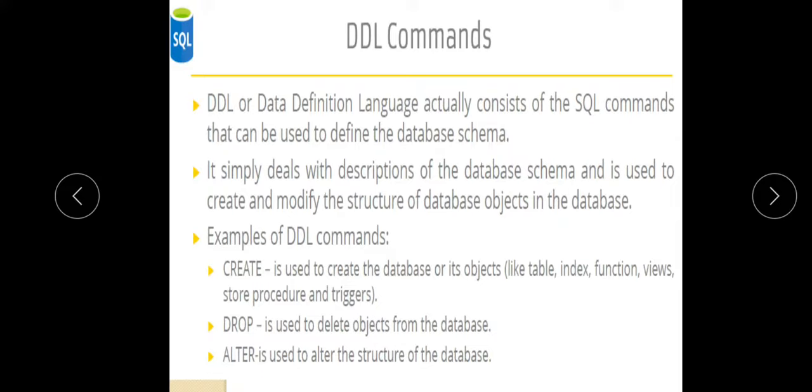Alter is used to modify the structure of the database. For example, initially we have created the student table with 3 attributes: roll number, student name and marks. Later we decide that we wish to add one more field, that is date of birth.